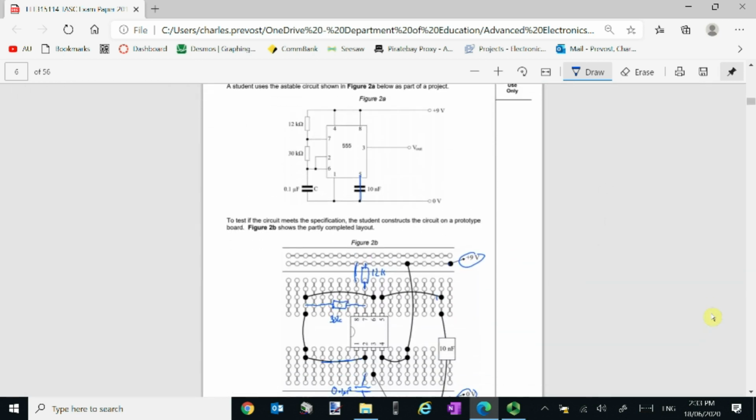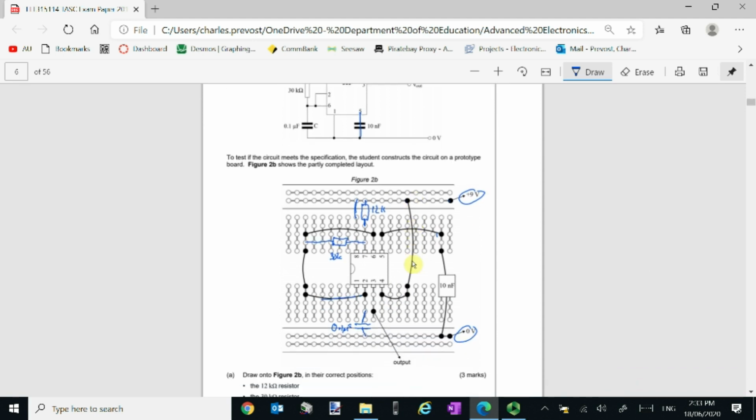And what else are we missing? Pin 4, that's also connecting to positive, so that's right. We've looked at pin 7, 2 and 6. Pin 1, that needs to connect to 0 volts, so let's connect that down there now, like so. And establish that pin 5 is connected with a 10 nano capacitor. And the output is connected there. Okay.